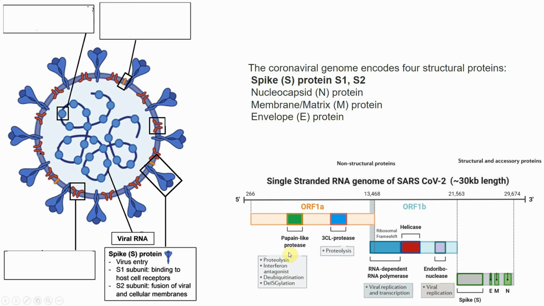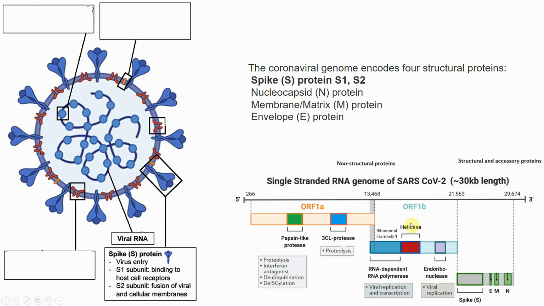We have the papain-like protease, which helps the production and synthesis of protein inside the host cell through proteolysis, acts as an interferon antagonist, and also does deubiquitination. The second one is the 3CL protease. This segment of ORF1A helps with proteolysis. This part helps to increase the resistance of COVID-19 inside the host cell.